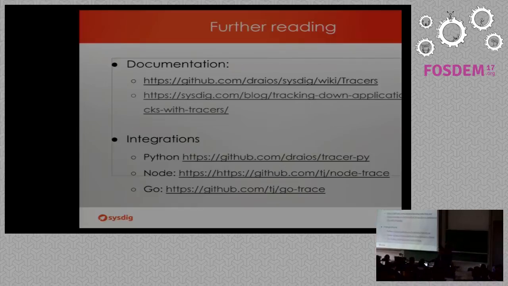You said that to install this, you are inserting a kernel module. So how do I install it on legacy systems, like Red Hat 4 or 5? Does that work, or does it just work with recent kernels? Sysdig is packaged for the most popular distributions: Debian, Ubuntu, Fedora, Red Hat, CentOS.